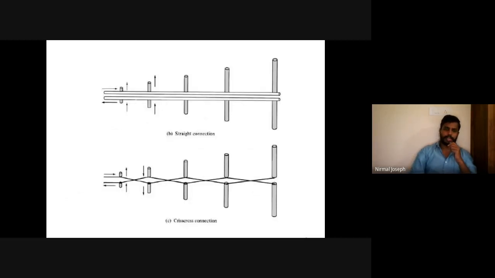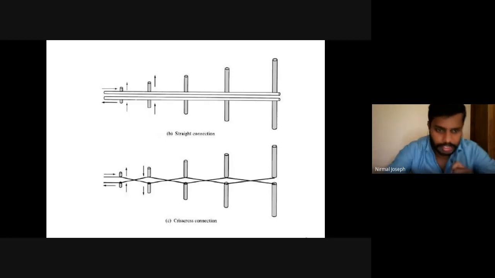There are two types of arrangements. The first one is the straight line connection, where the two poles are arranged in a straight line. The second one is the crisscross connection. As the name suggests, the feed to the upper pole of the first element is given to the lower pole of the second element, and vice versa.